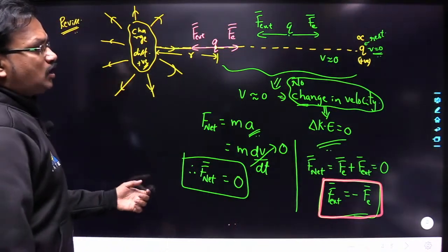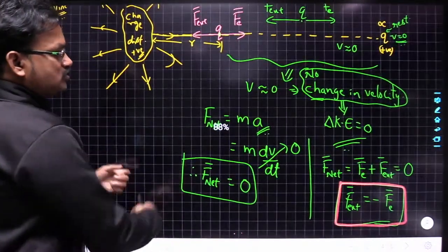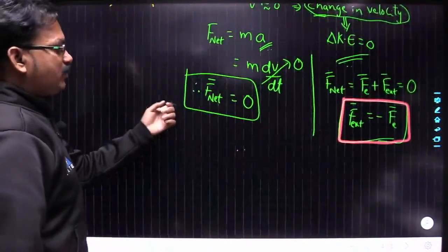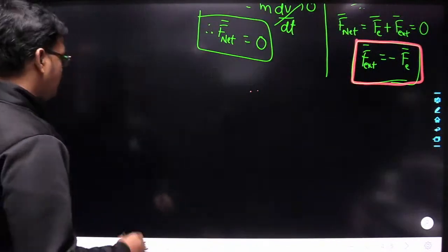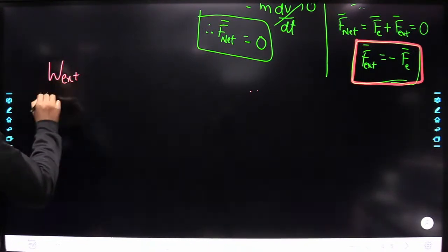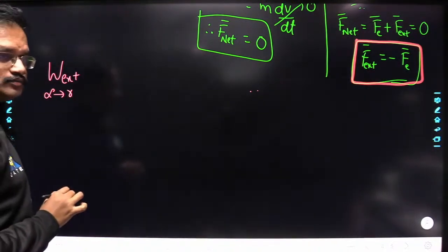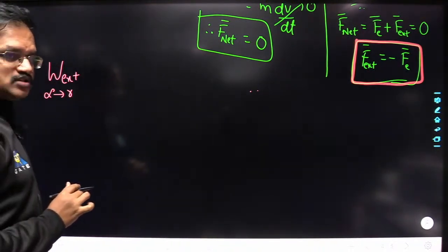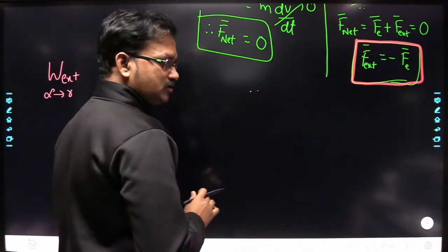Now here we have to determine the work done by the external force, that is, the work done by the external agent in moving the charge from infinity to R. Parasmoon, we will see that case also, don't worry.